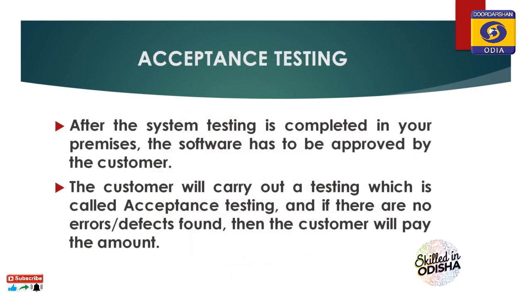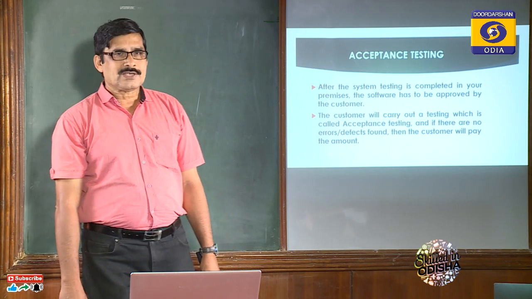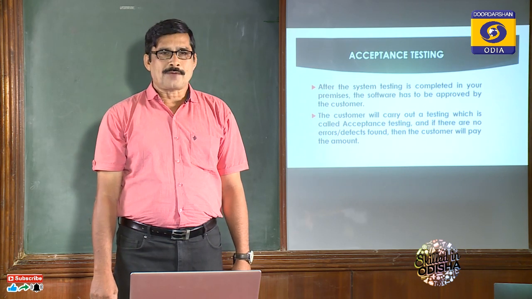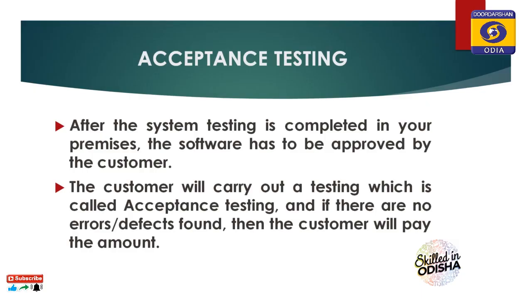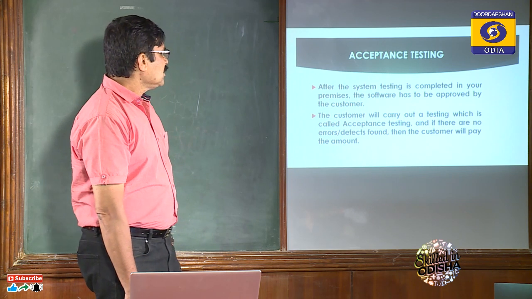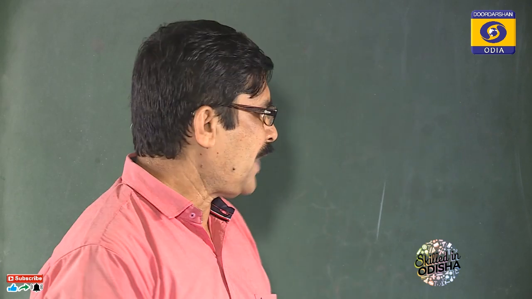So now we'll move to acceptance testing. What is acceptance testing in software testing? After the system testing is completed in your premises, the software has to be approved by the customer. What does it mean? It means that the software is tested where it is designed first.